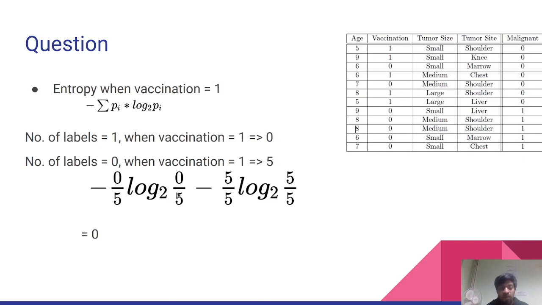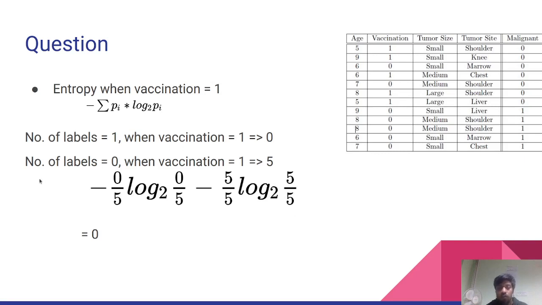This is for when level is 1. Now let's find out how many of them are 0 when vaccination equal to 1. Here vaccination is 1, so 1 match, 1 0, so 2, 1 0, 3, here also 1 0, so 4, 1 0, here also 5. So 5 of them are having 0 level out of a total of 5 examples. So this is 5 by 5 log base 2, then here also 5 by 5.